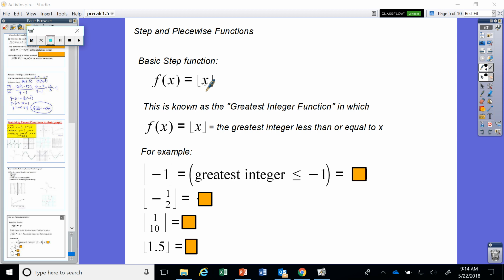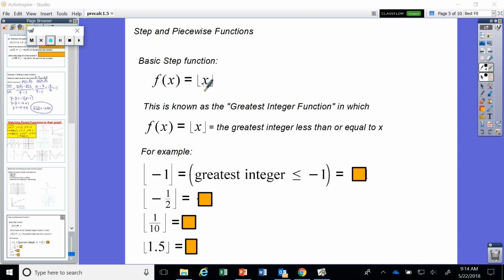But the whole point is that when you see an input value into the step function, you want to think of it as the greatest integer less than or equal to x.